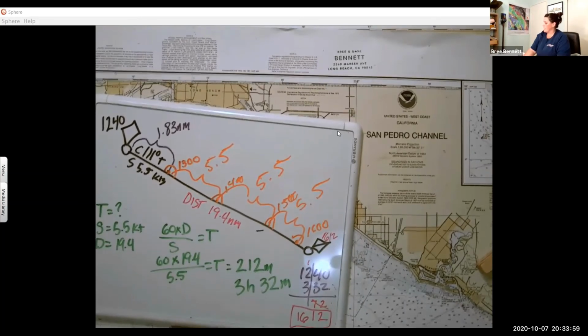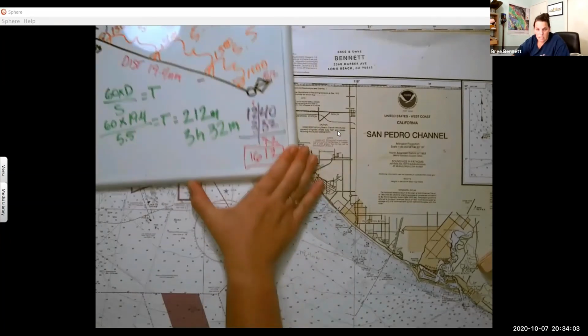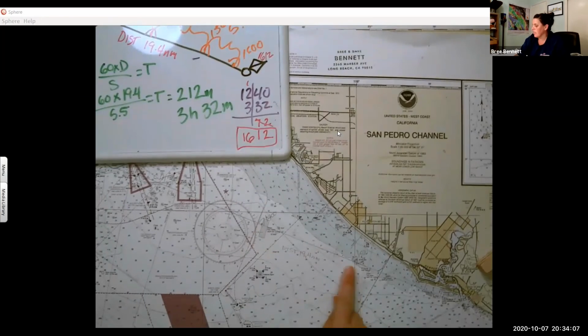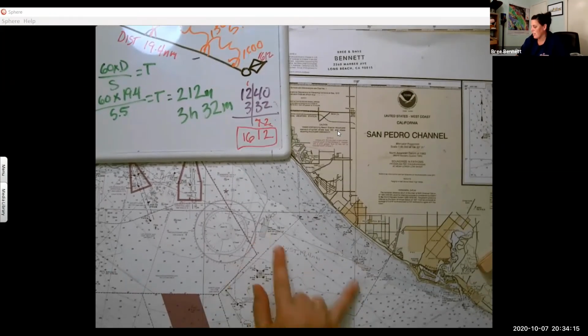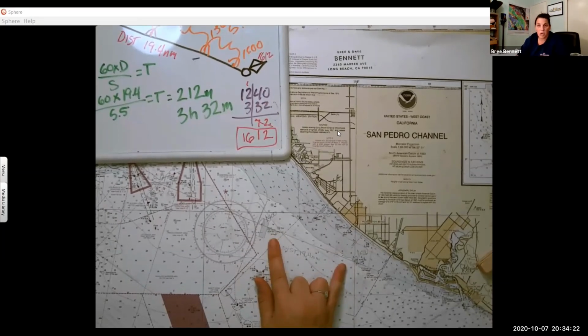Okay, then it asked us, were there any hazards along the way? We saw that Fish Haven, and they're coming up with this wreck that's at 8 fathoms. This Fish Haven's at 10 fathoms. Again, not a big deal for us small draft people.